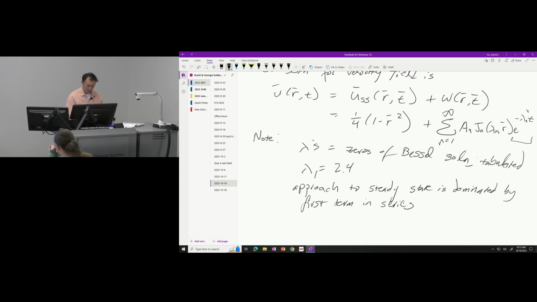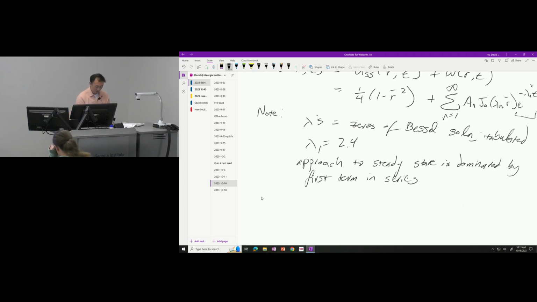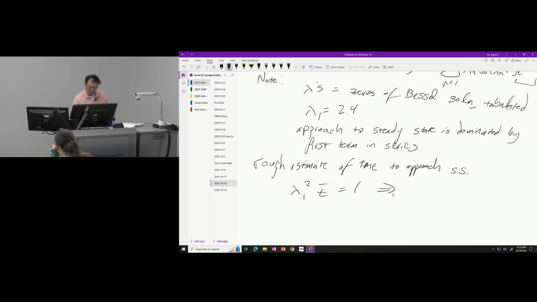And if you wanted a rough estimate of time to steady state, you would basically just set lambda 1 squared t bar equal to 1. In other words, the time that it would take to get to e to the negative 1 would be t bar equal to 1 over lambda 1 squared.